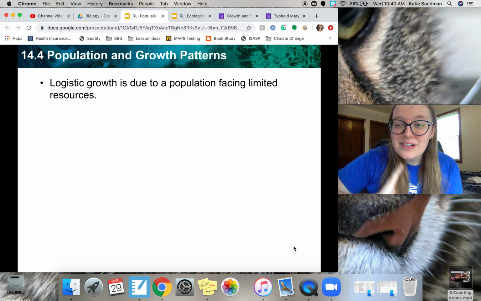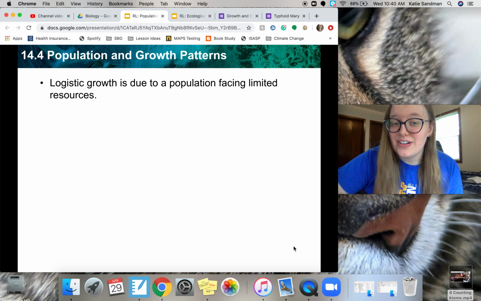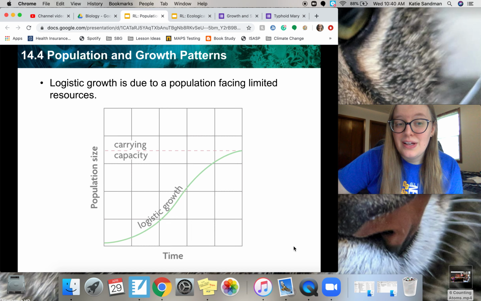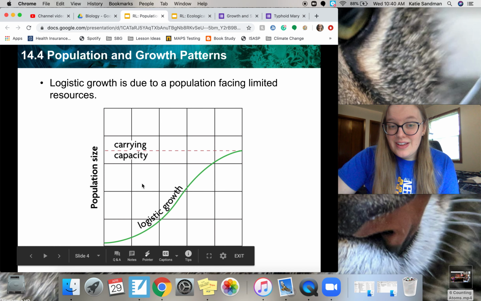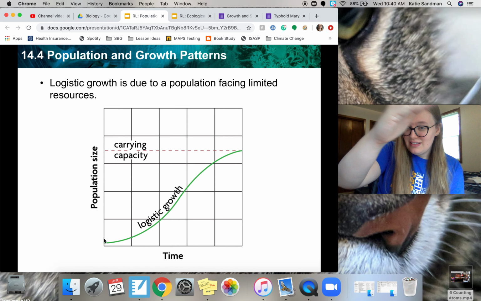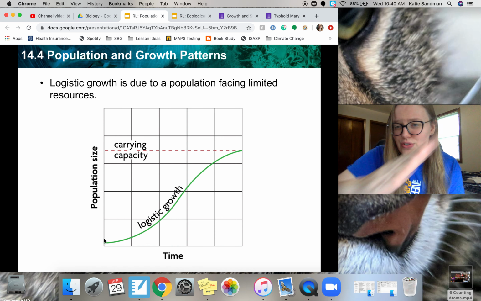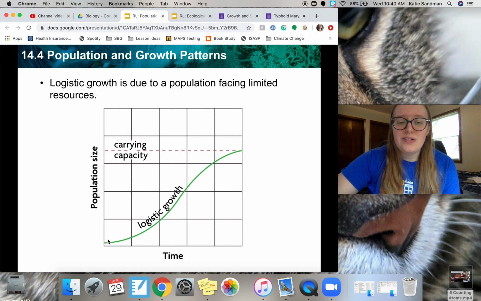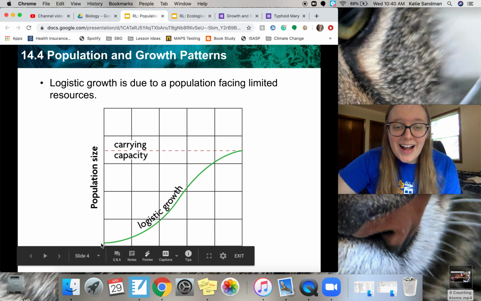We have another type of growth called logistic growth. This is when the population is starting to face limited resources. Logistic growth looks somewhat like an S, more drawn out. You see our time here, it starts like exponential growth, but then it starts to reach its carrying capacity.